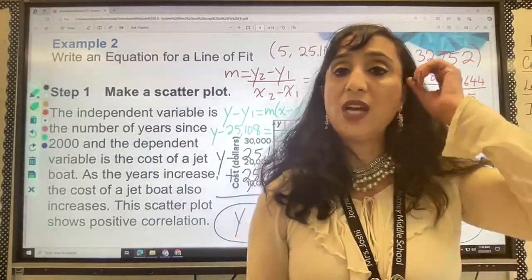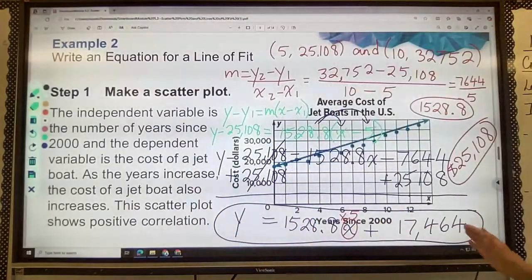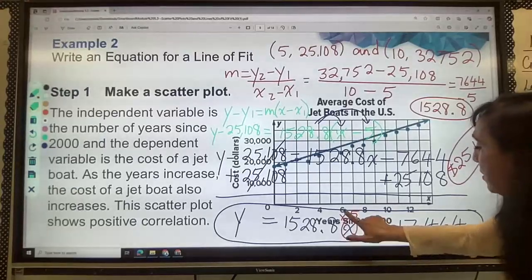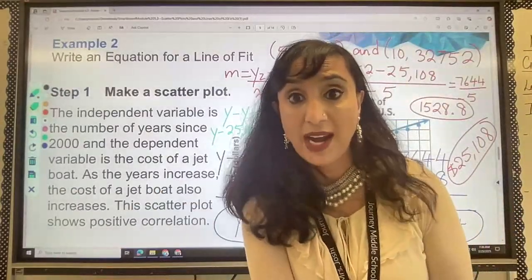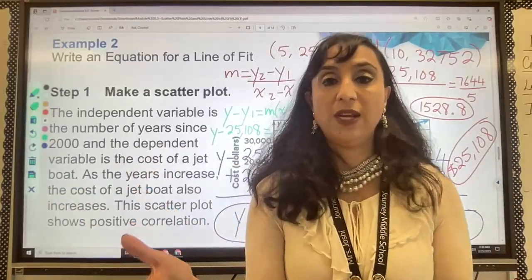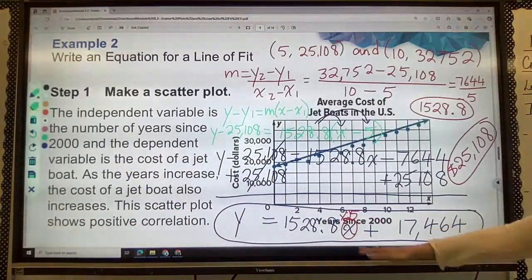And the cost in 2025, what would we take? The same thing again, and we would substitute the value of x. What would this become now? This would be times 25, if I'm doing it for 2025, right? Because that is 25 years from 2000. So if I multiply with 25 over here, I'm just substituting the x value.